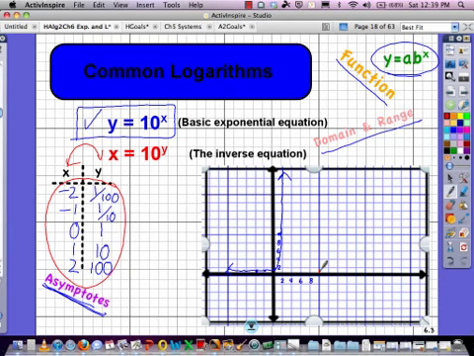There's my approximate point. If I'm at 1, which is halfway, I'm at 0. Notice that is on the x-axis there.